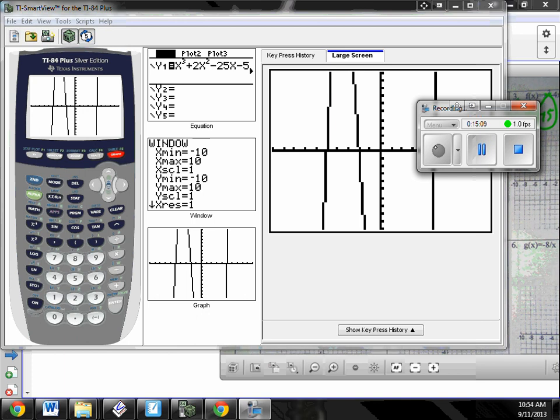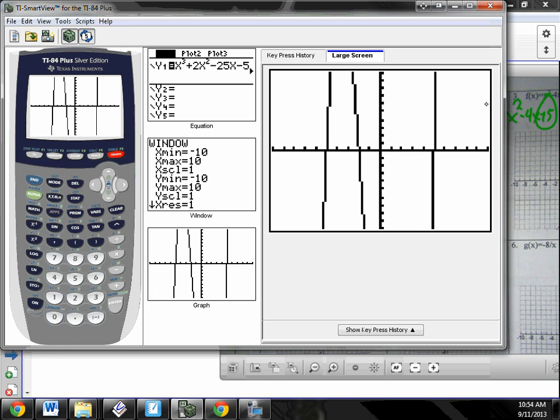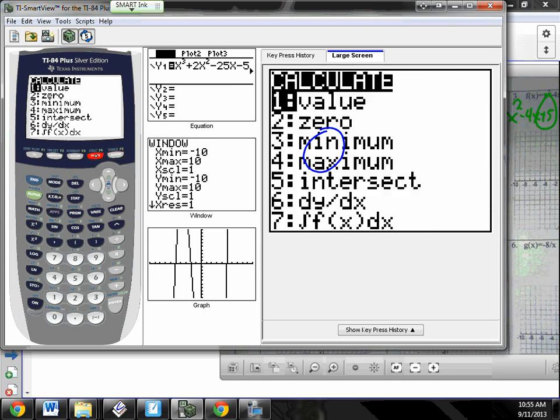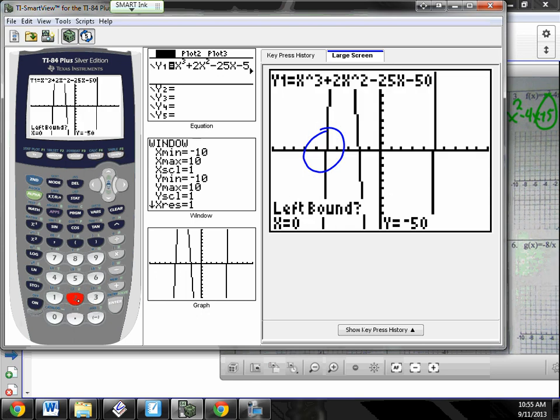So let's test this because there is a small trick to it. Let's focus in on this one, which appears to be -5. So second calc, I want to go to 0. What is a left bound for that root? -6. So I'll type in -6. Now here's where we want to be careful.